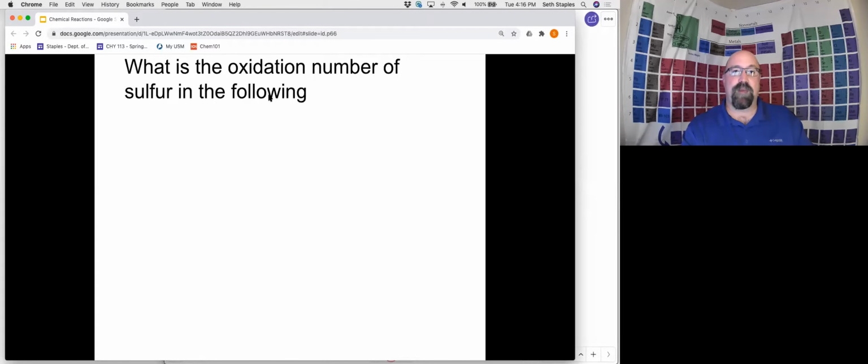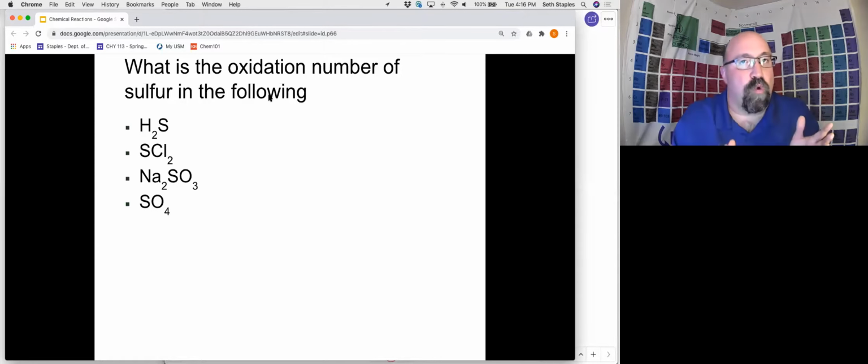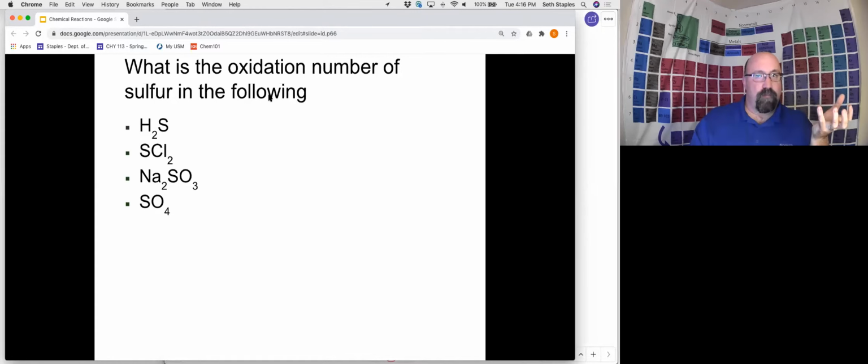So let's look at some examples here. We want to find the oxidation number of sulfur in the following compounds, and we're going to use the rules that were on our previous page. In H2S, we said that when hydrogen is with a nonmetal, the oxidation number on hydrogen is going to be +1.